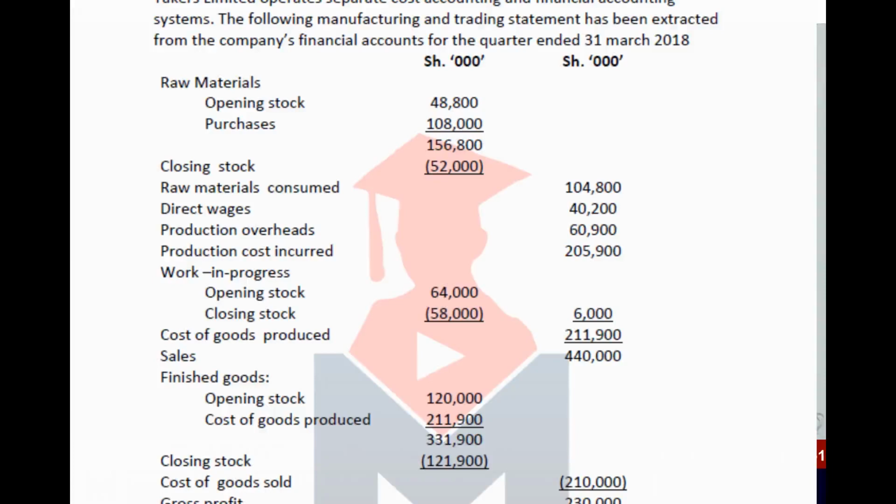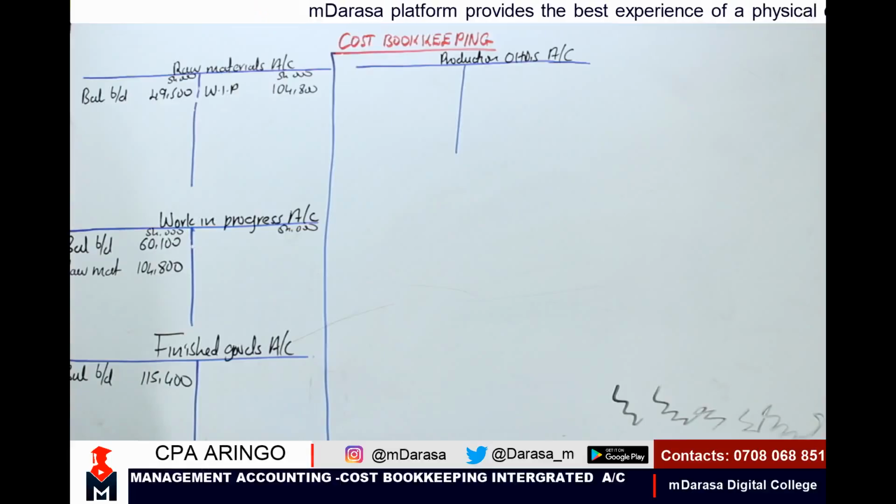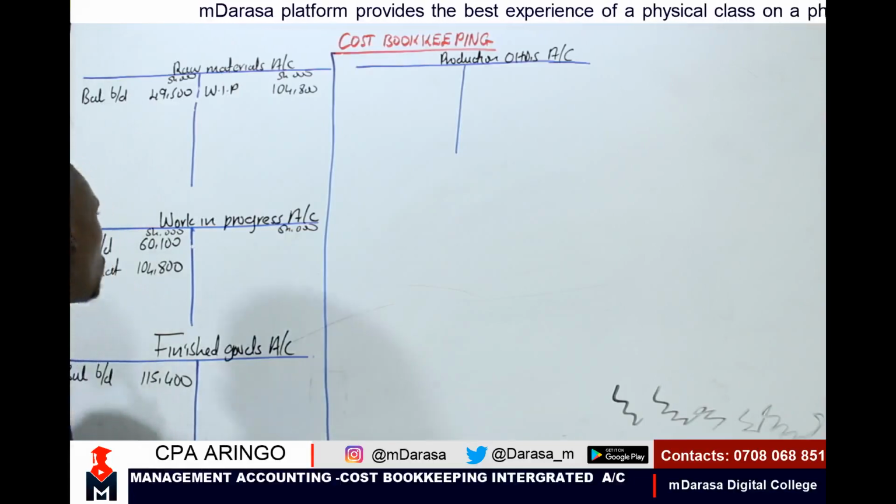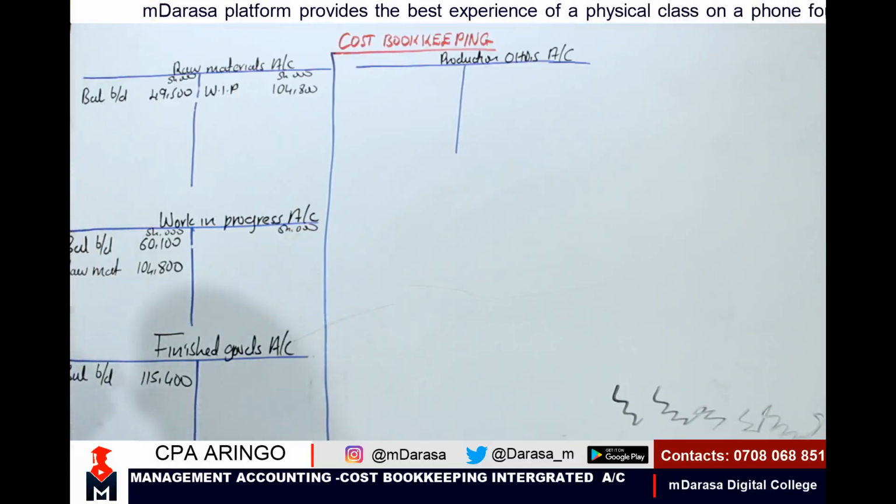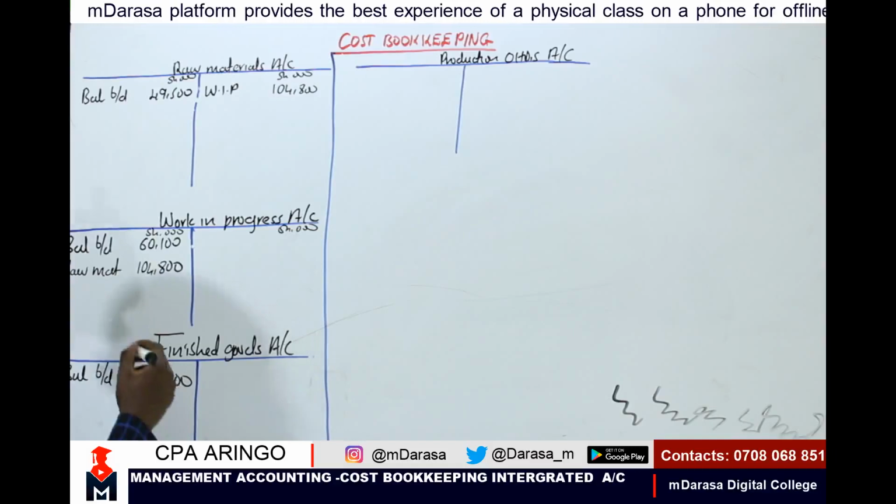We noted that I'm going to debit work in progress and credit our wages in the event that I'm dealing with direct wages. So confidently at this point, we are going to debit our work in progress.